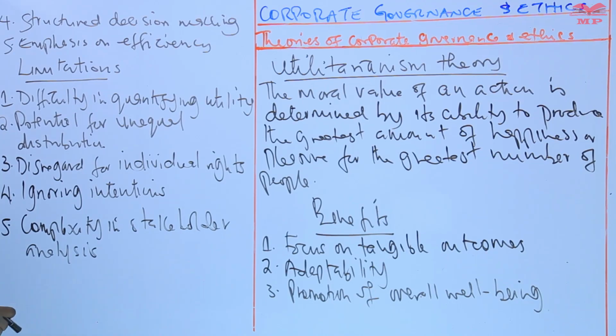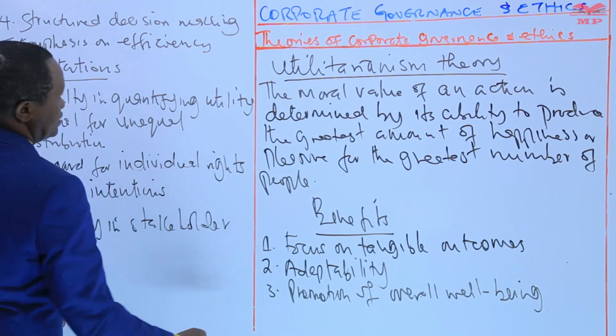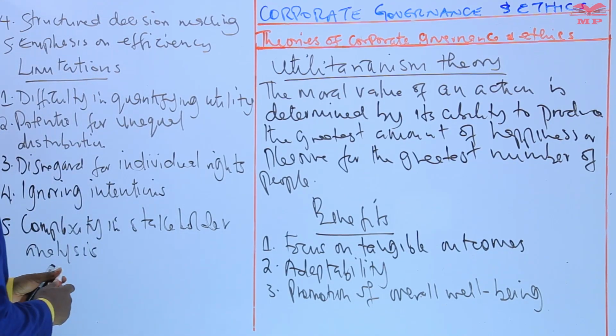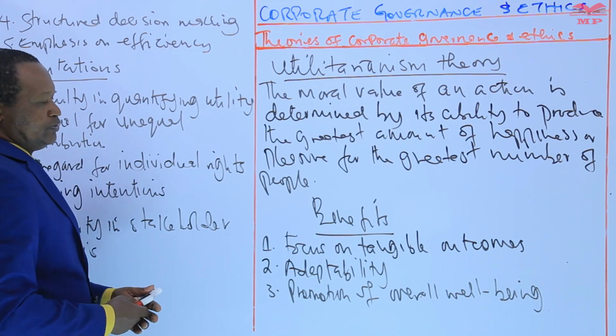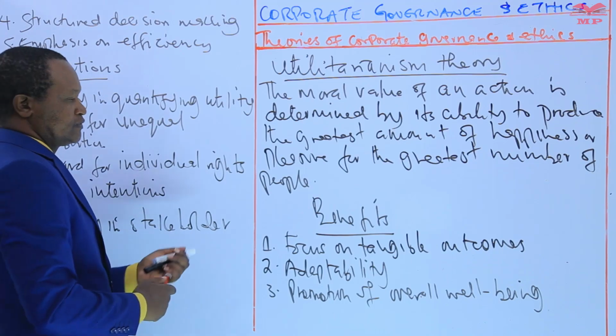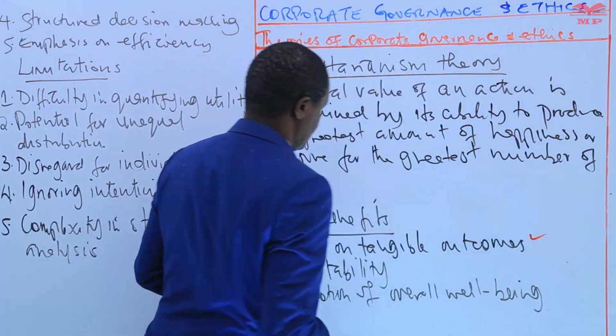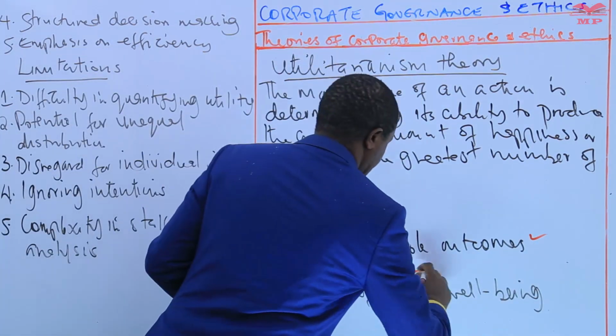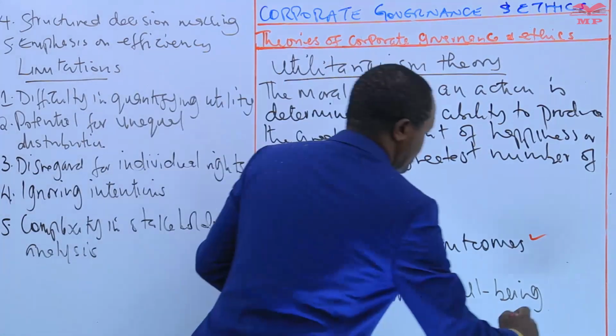So these are 5 limitations, 5 benefits. First benefit, we say that it focuses on tangible outcomes. Adaptability. Promotion of overall well-being.